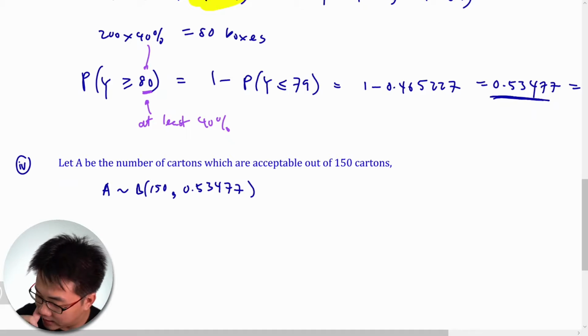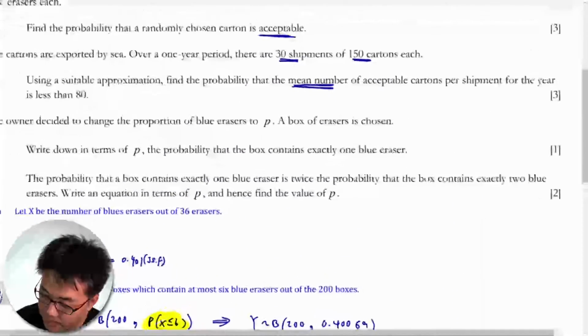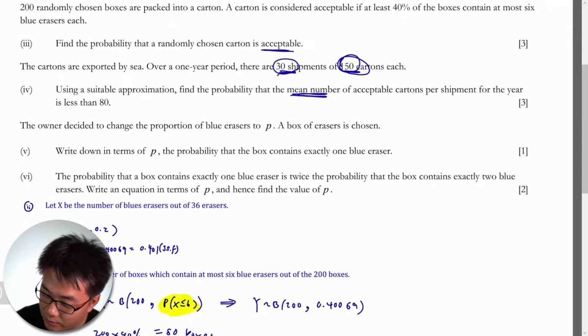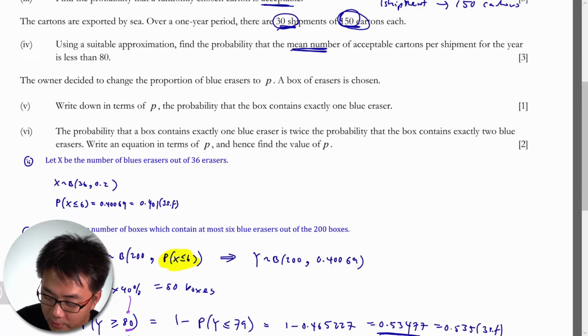So this one is for 1. Now you ship out 30 batches, every one shipment constitutes 150 cartons. Using a suitable approximation, find the probability that the mean number of acceptable cartons per shipment for the year is less than 80.